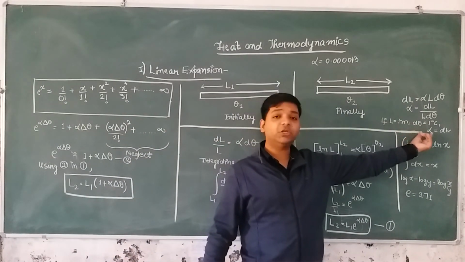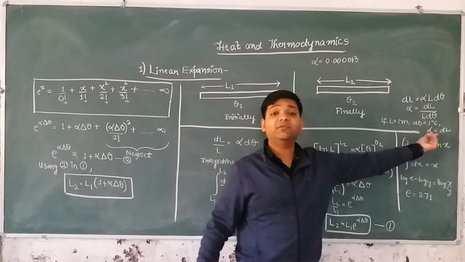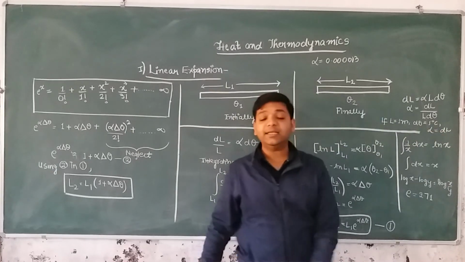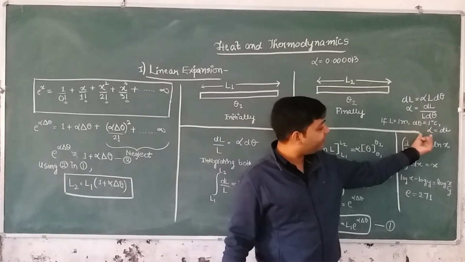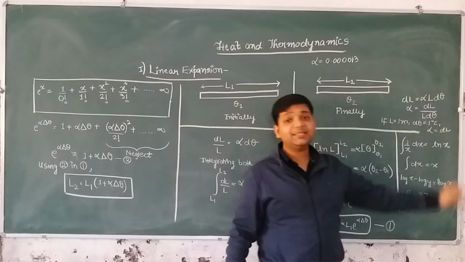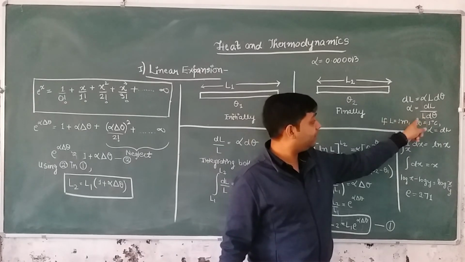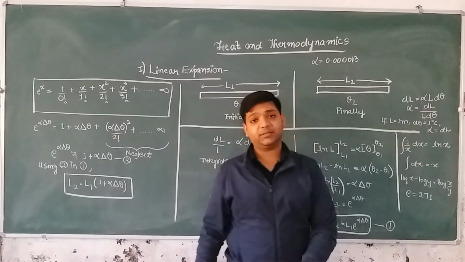So what is the coefficient of linear expansion defined as? This dl is the increase in the length of the rod. So alpha, the coefficient of linear expansion, is defined as the increase in the length of the rod per unit length per unit rising temperature.